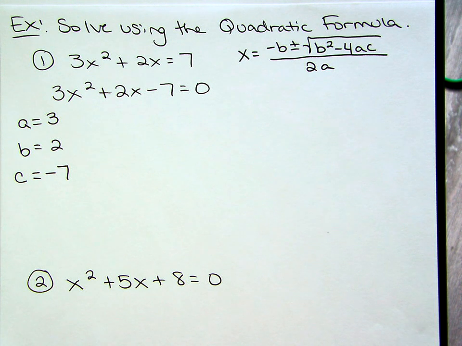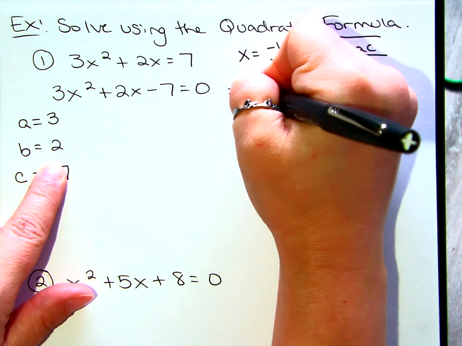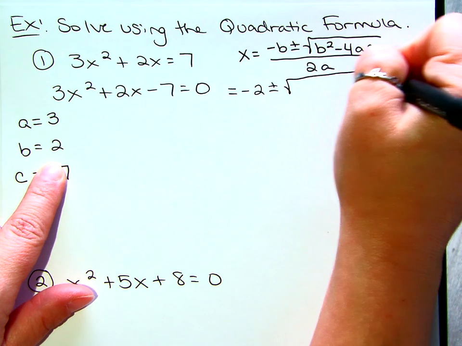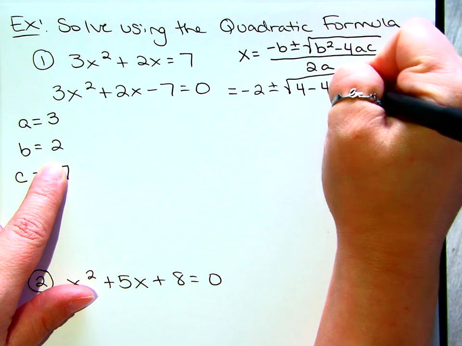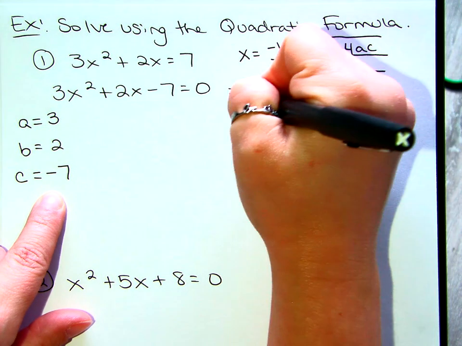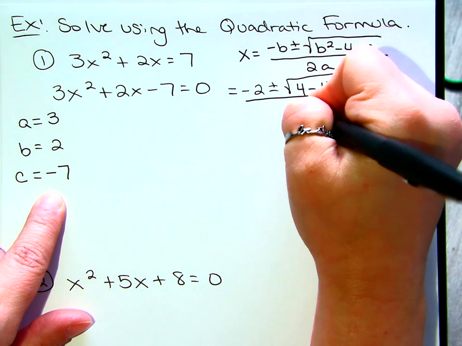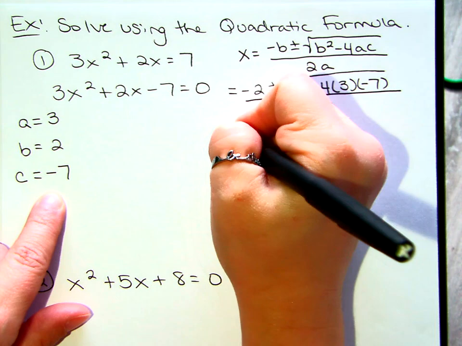So in this case, I need negative b, that's negative 2, plus or minus the square root of b squared. b squared is 4. Minus 4 times a, which is 3, times c, which is negative 7, all over 2 times a. So I just plugged in the values. Negative 2 plus or minus square root of 4.